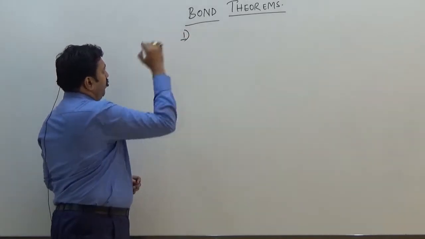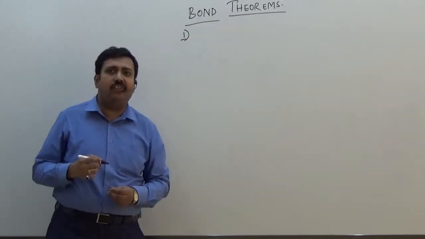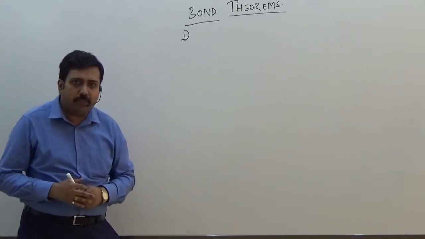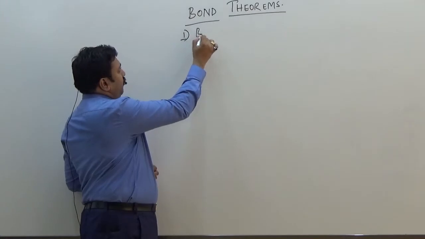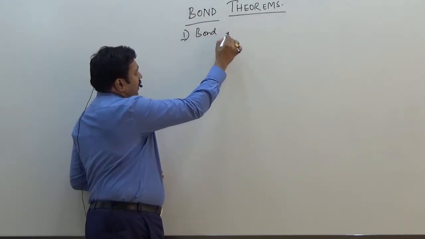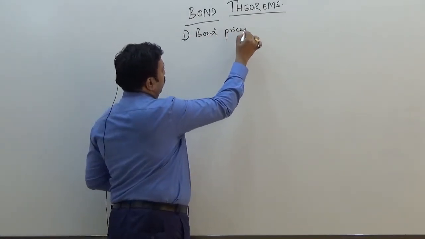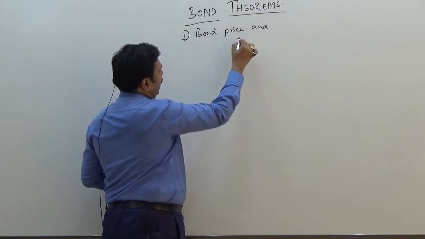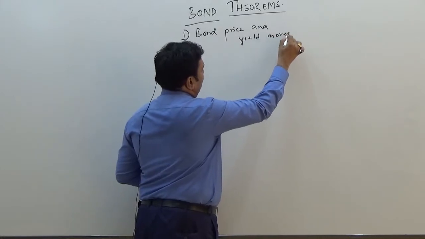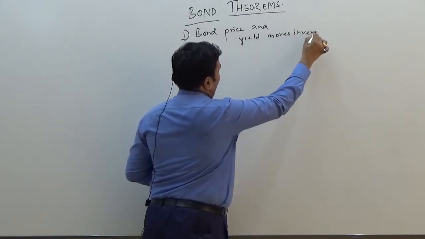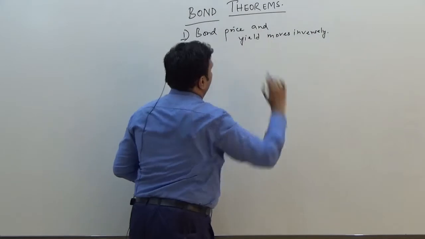The first theorem that we have in the bond says that the bond price and yield move inversely. I write it again: bond price and yield move inversely. Now what does this mean?